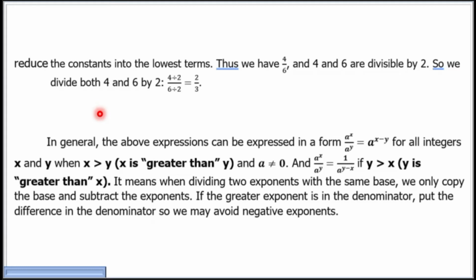So, mara hinumduman na to. So it means when dividing two exponents with the same base, we only copy the base and subtract the exponents if the greater exponent is in the denominator. Put the difference in the denominator so we may avoid negative exponents.